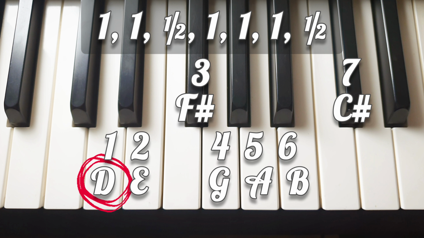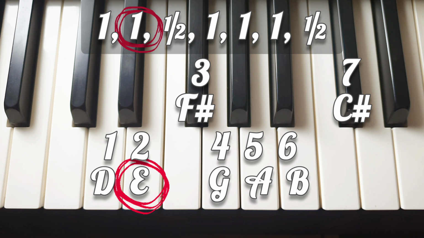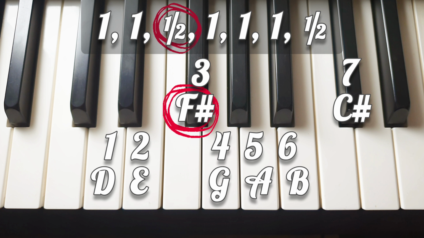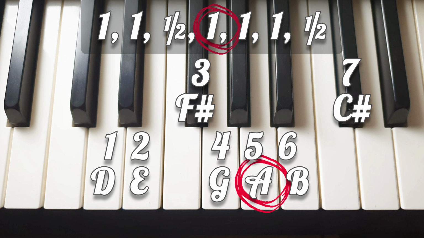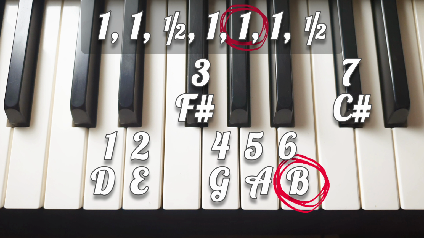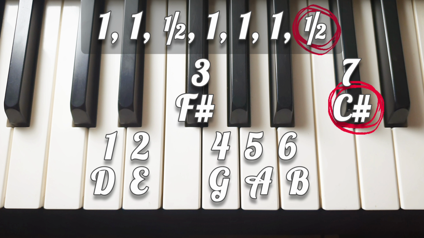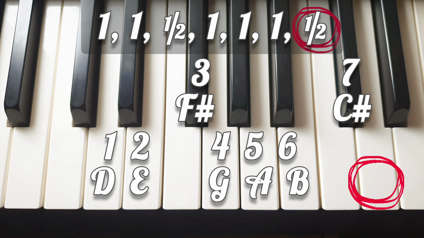The first is D, jump 1 whole tone step to add the E, jump 1 whole tone step again to add F sharp, jump a half tone step and add the G, jump a whole and add an A, jump a whole and add a B, jump a whole to add a C sharp, and jump a half to add a D on the next octave up, and so forth.